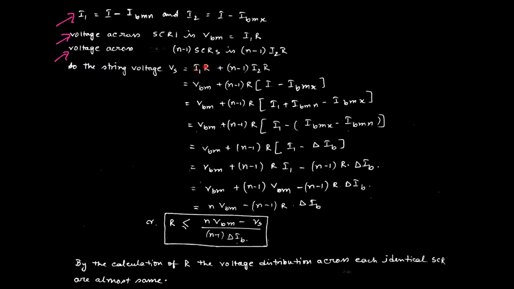For the first, that is I1 R, and for n minus 1 number of thyristors or SCRs, that is n minus 1 into I2 into R. So after simplification, we can have the result VBM plus n minus 1 into R into IBMX. Again after simplification, we can rewrite the expression as VBM plus n minus 1 into R under bracket I1 plus IBMN minus IBMX, where we can identify this one.